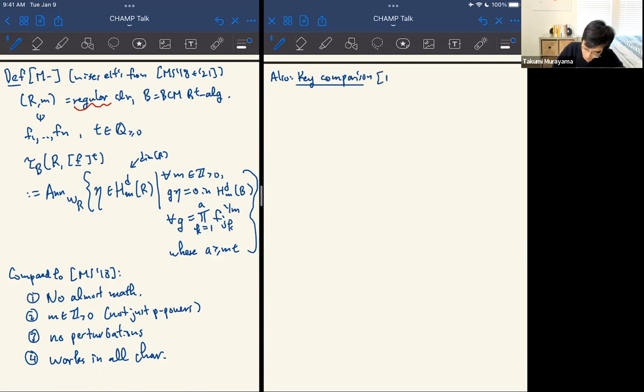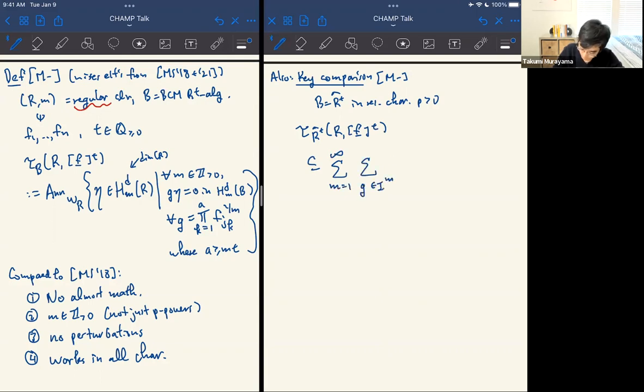If you set B to be R hat plus in residue characteristic p, then my test ideal is contained inside of a variant of the Haken-Lamarche-Schwede definition, where you take divisors as your arguments instead of an ideal. These are two different versions of the test ideal that appear in Haken, Lamarche, and Schwede.